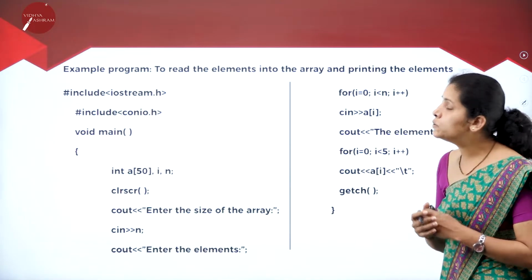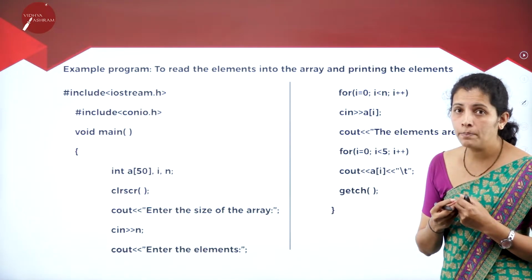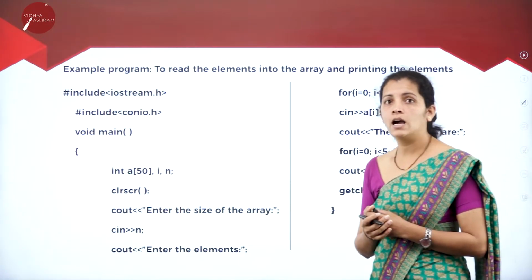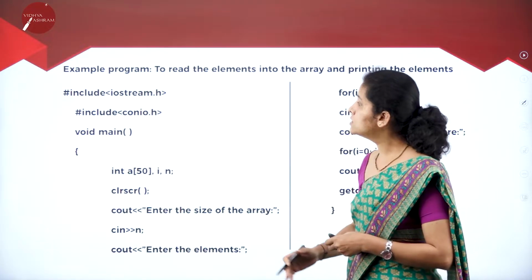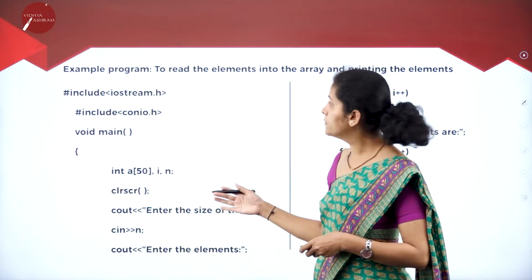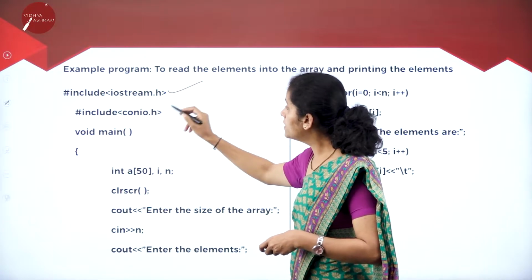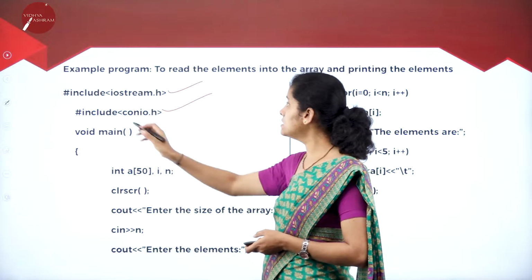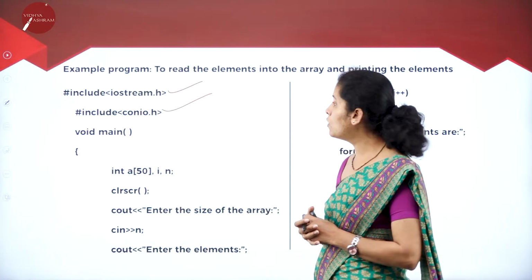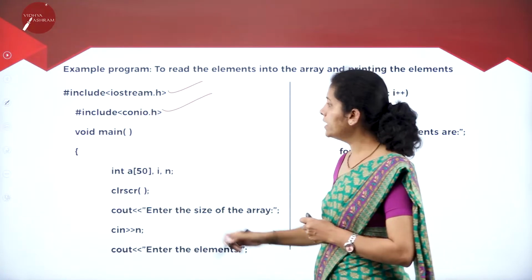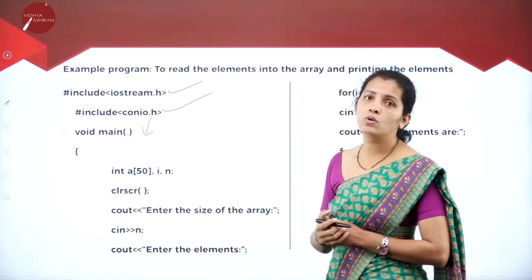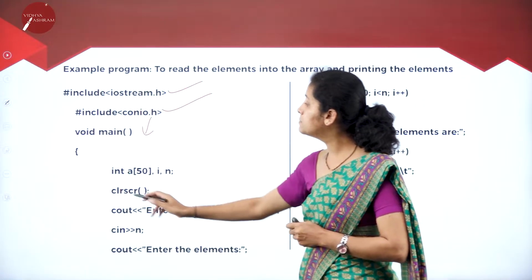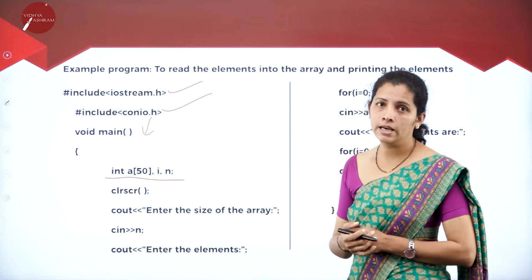Now, let me take a very simple example of how to read an array element and how to display it. So this is the simple program. At the beginning, I'm going to include two header files, that is iostream.h and conio.h. The actual execution of the program starts from the main program, and this is my variable declaration.